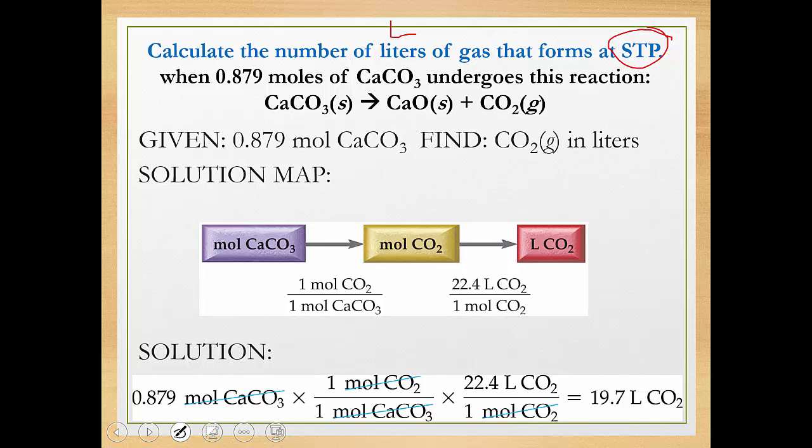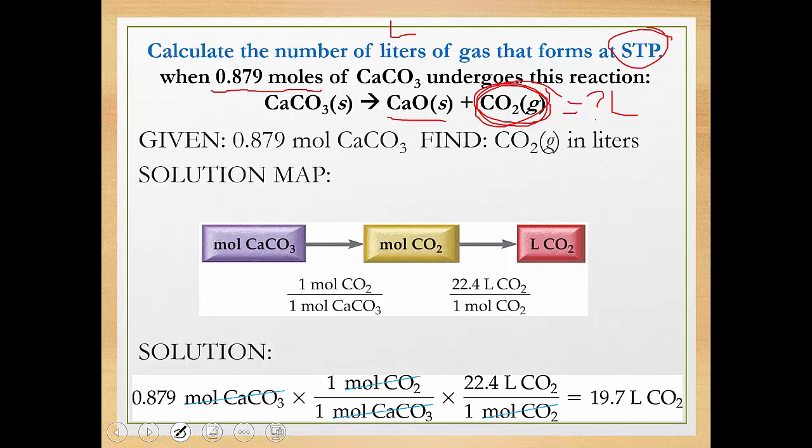And they have given us now, it's not 1 mole. Moles has changed slightly. 0.879 moles of calcium carbonate break down to form calcium oxide and carbon dioxide gas. So what we want to know is what is the volume of that gas? How many liters of carbon dioxide am I going to form?